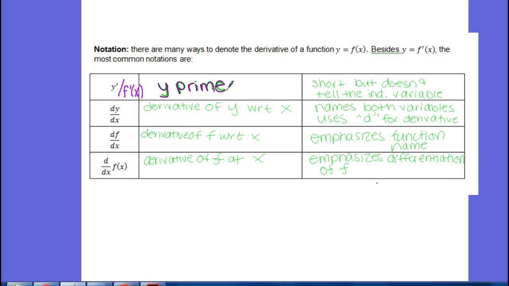The first one is how you say it. dy dx is read as the derivative of y with respect to, that's what WRT stands for, with respect to x. df dx is the derivative of f with respect to x.